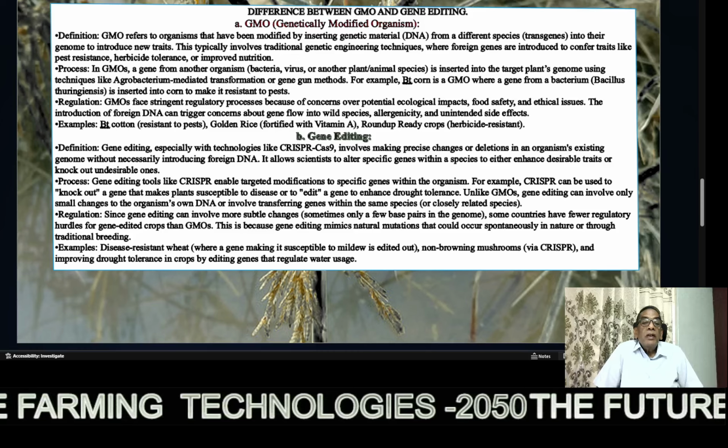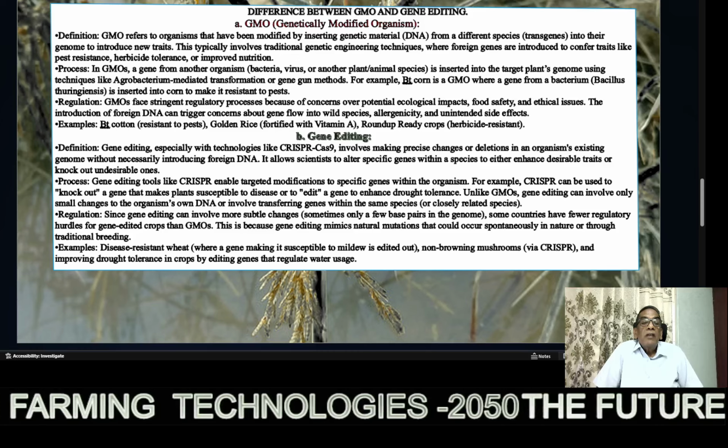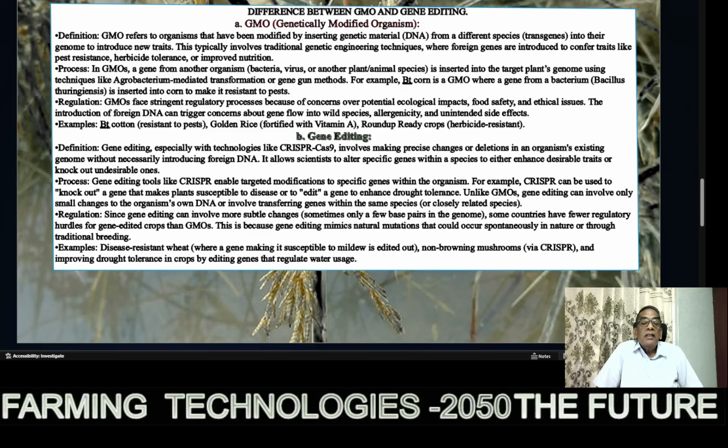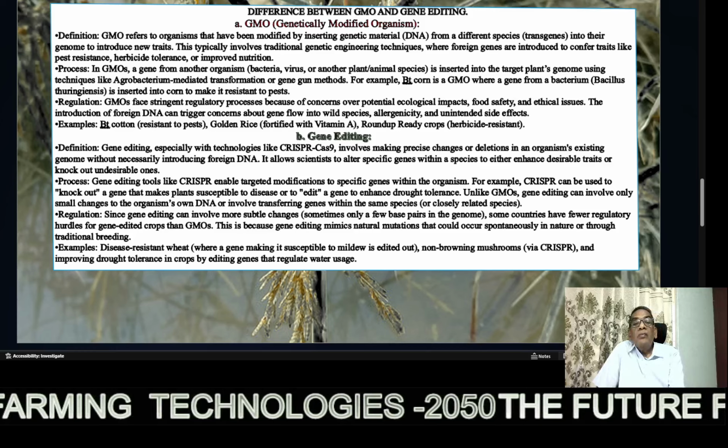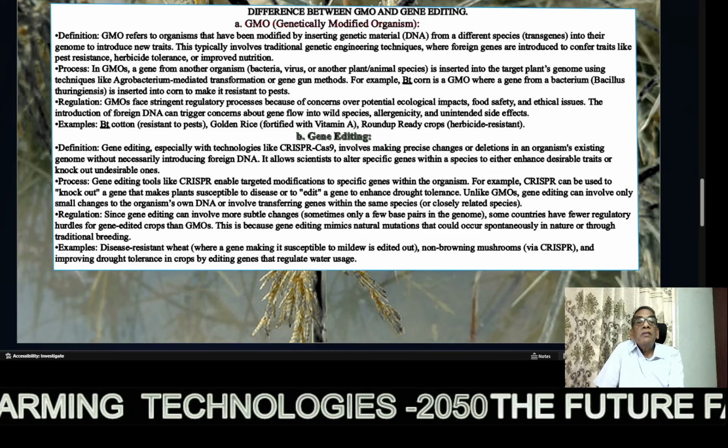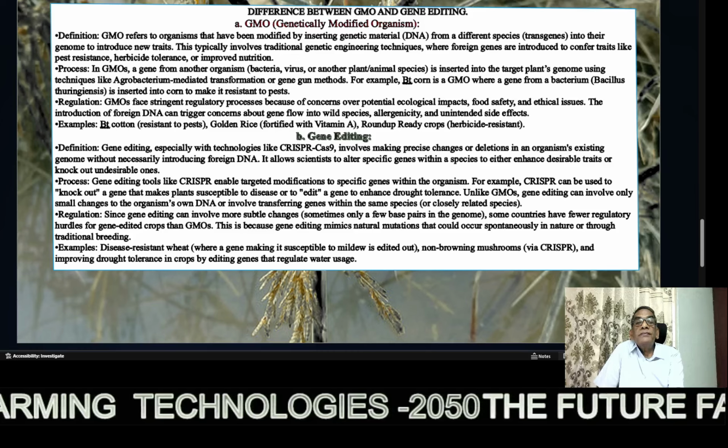There will be no introduction of genes from another species into a species. This is exactly the difference between GMO and gene editing.